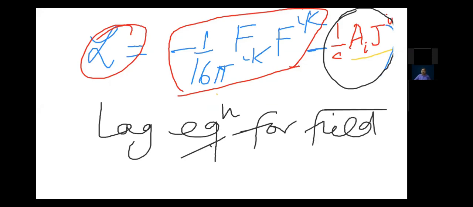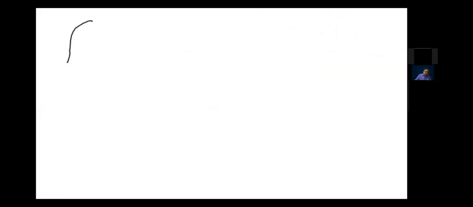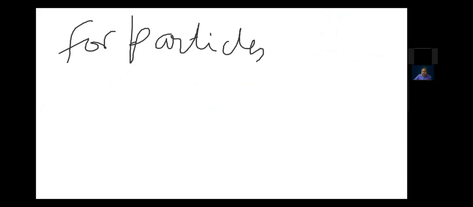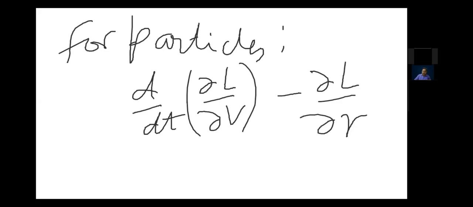How do we write it? That is the question. How did we write the Lagrangian equation for particles? For particles, if you remember, it was d by dt of del L by del V, minus del L by del R, is equal to 0, right?